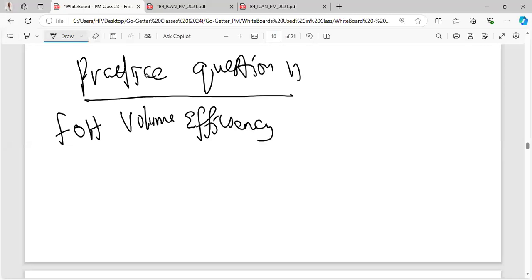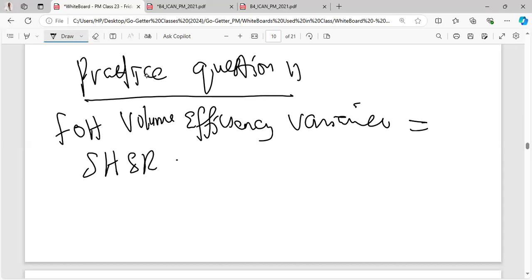Efficiency variance is equal to standard hours, standard rate minus actual hours, standard rate.